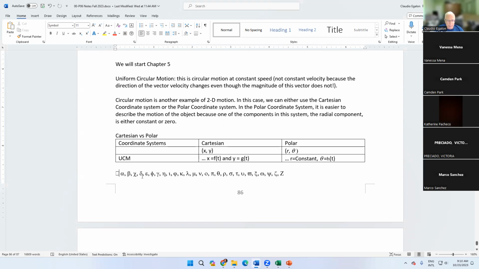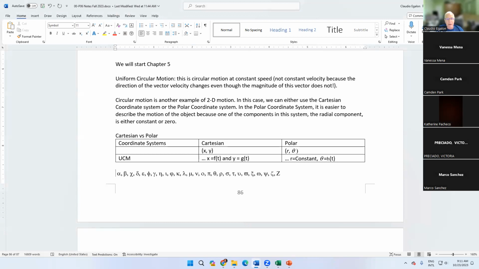But recall what we did in projectile motion. We started with the parametric equations for x and y. x was equal to x naught plus v naught x t, right? That's the parametric equation. y was y naught plus v naught y t plus one half a t squared, that is, minus g t squared over 2.